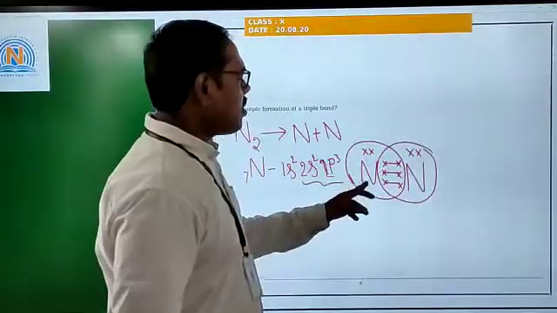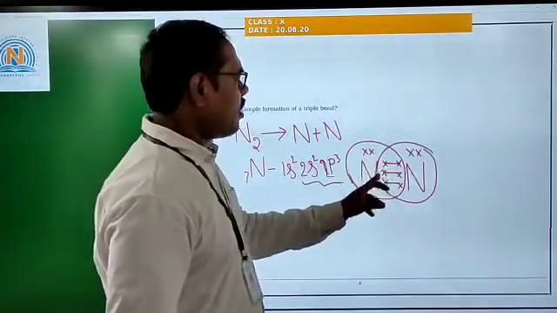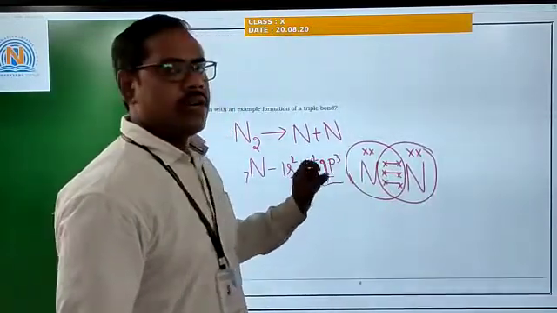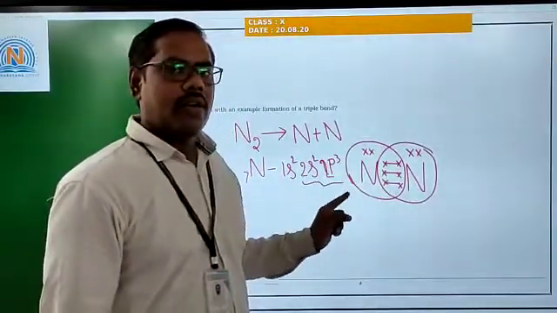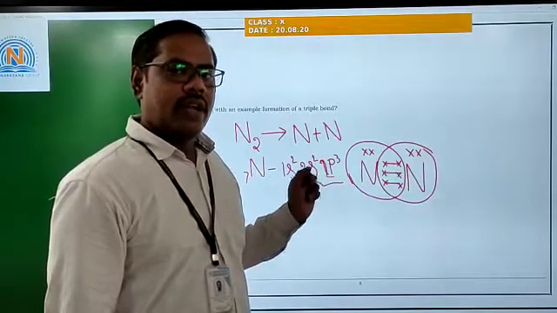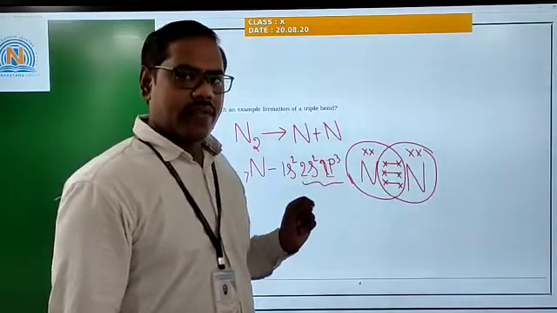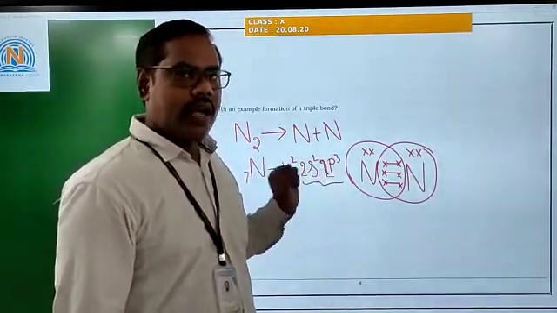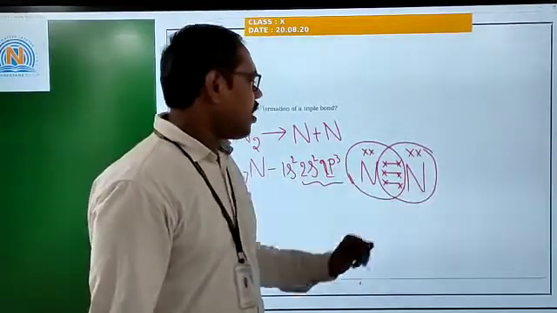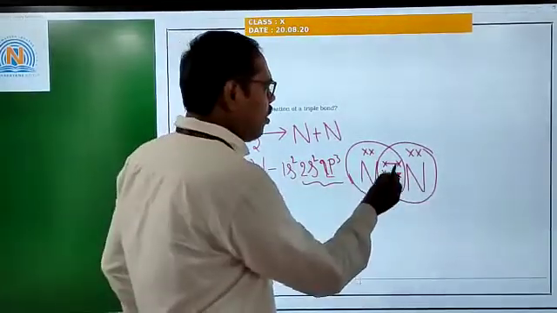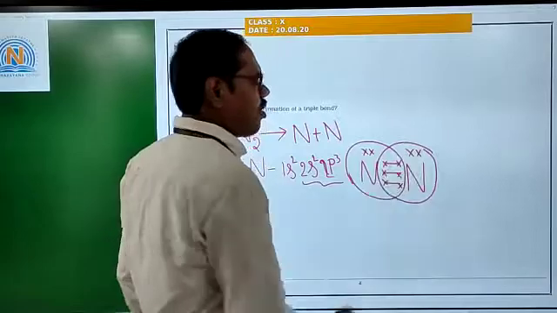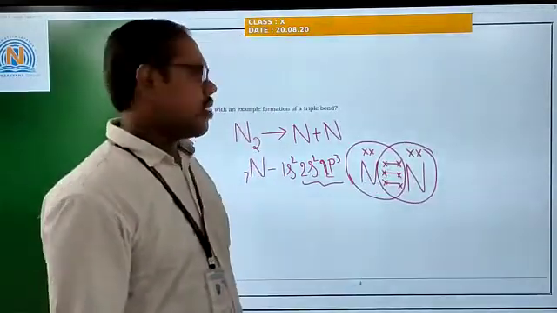Here in the nitrogen circle: 1, 2, 3, 4, 5, 6, 7, 8. So nitrogen gets 8 electrons, that means it gets the nearest noble gas configuration and stability. This nitrogen atom also has 8 electrons, so it also gets the stability.